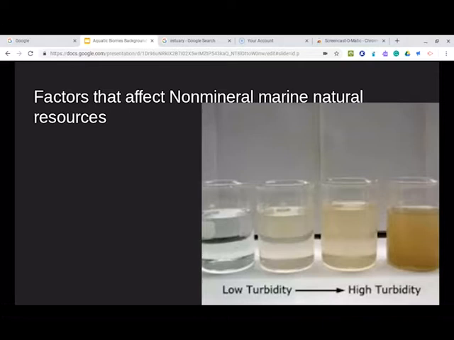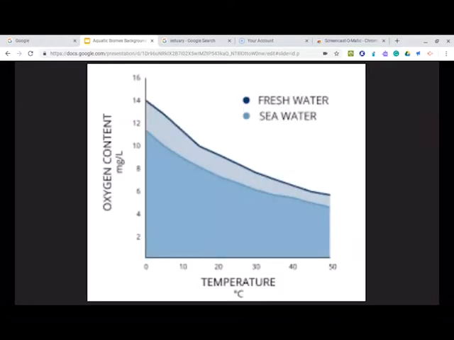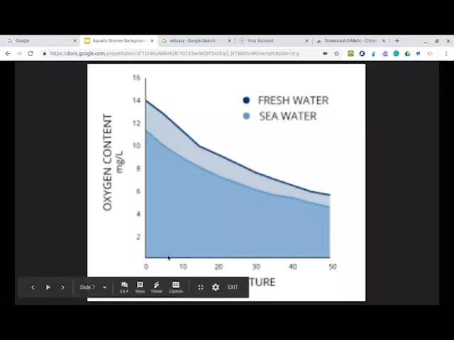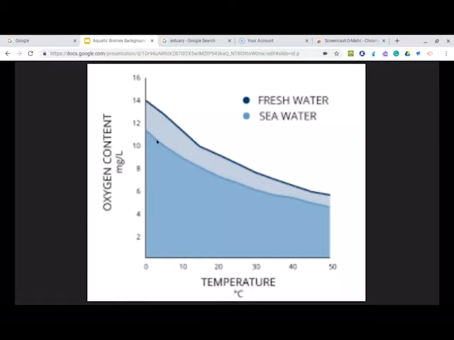Nutrient availability and temperature are also going to be a factor into what life can live in an aquatic biome. So when we look at temperature, you can see from this diagram right here, the colder the water, the more oxygen it can hold. And the more oxygen in a body of water, typically the better.